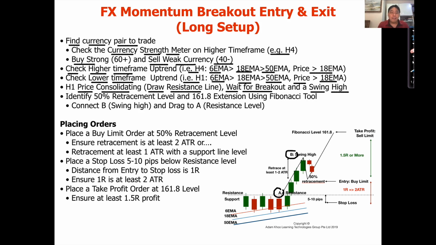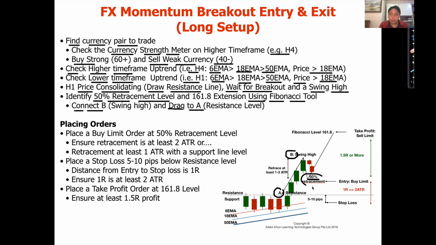So using the Fibonacci tool, what we do is click on B first, connect the swing high and drag it down to A, which is the resistance level. Again, all this will be shown on the MT4 charts in a while. So if you're still not sure, we'll clarify it later, don't worry. So when you click on B and you drag it to A, what happens? You will see two levels. You will see the 50% retracement level, which is here.